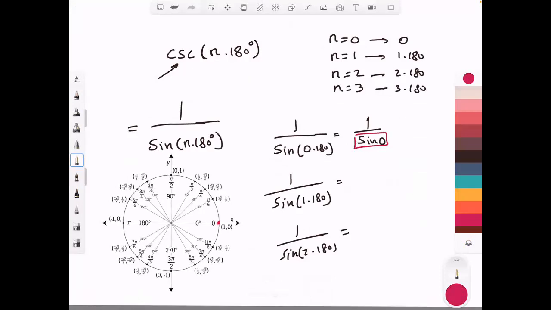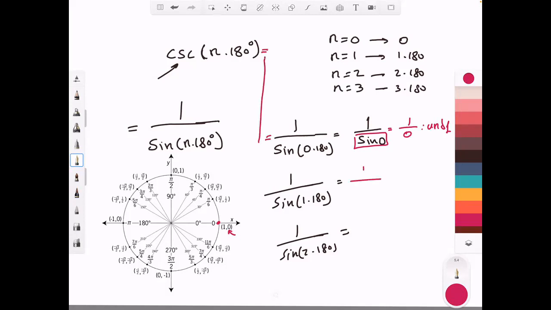What is sine of 0? Sine is the value of y, correct? Yeah. So this gives us 1 over 0, which is undefined. 1 over 0 in the denominator makes it undefined. So this is exactly the same as this one.